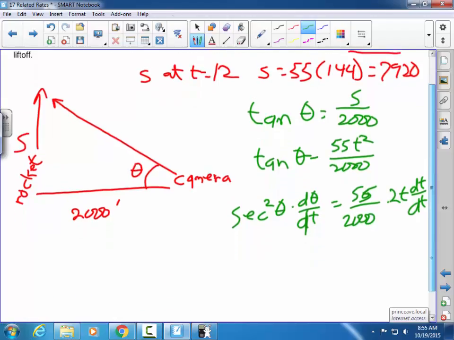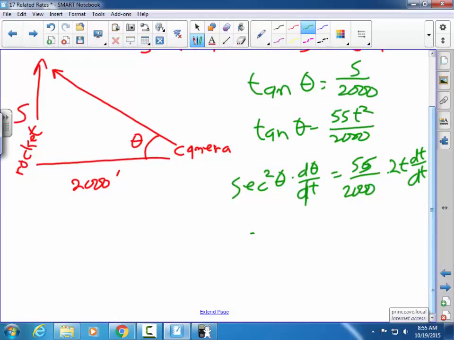So if we do that, then d theta over dt equals 110 over 2,000 t times secant squared, which is 1 over cosine squared theta.